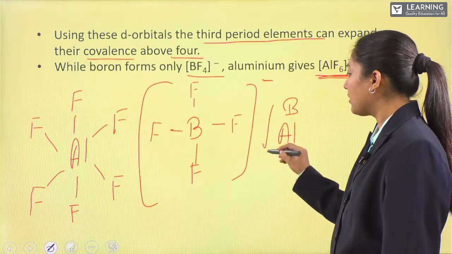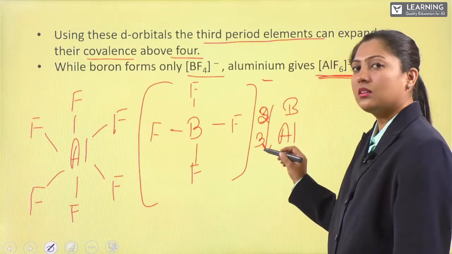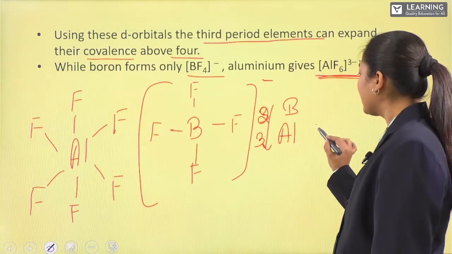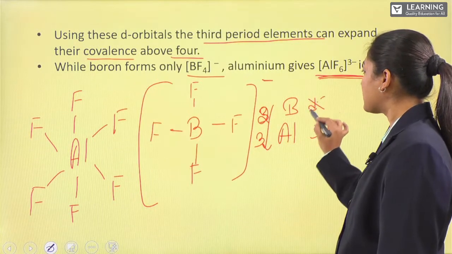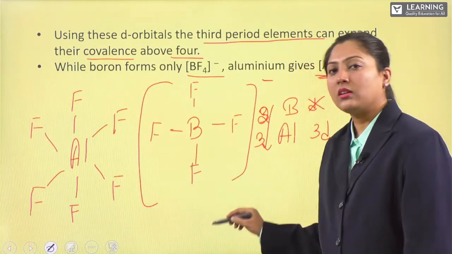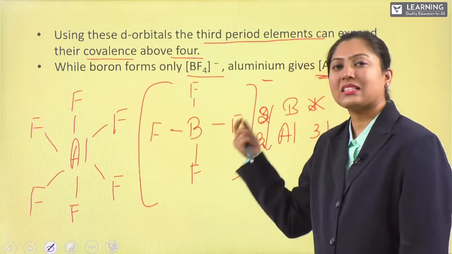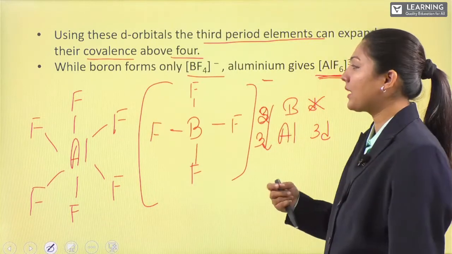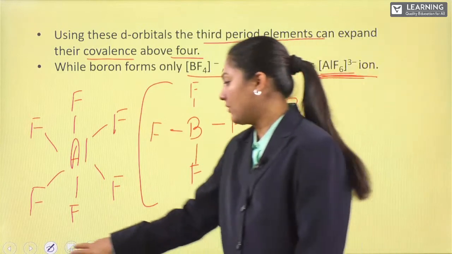Even though one is the second and the other the third period, with a very small difference, the third period element has a 3d orbital, which is absent in boron. Due to that, boron can combine with only 4 fluorine atoms. That means it can only have 4 covalency, whereas aluminium can expand its covalency to 6 in AlF6.